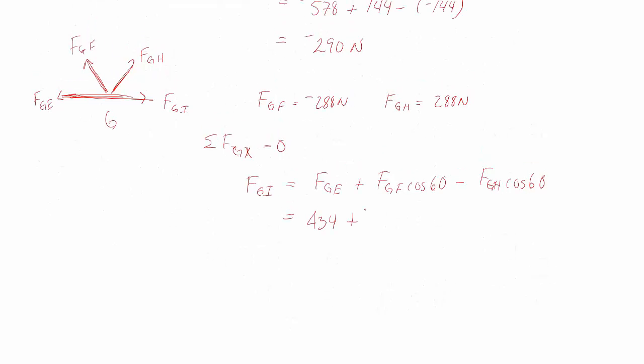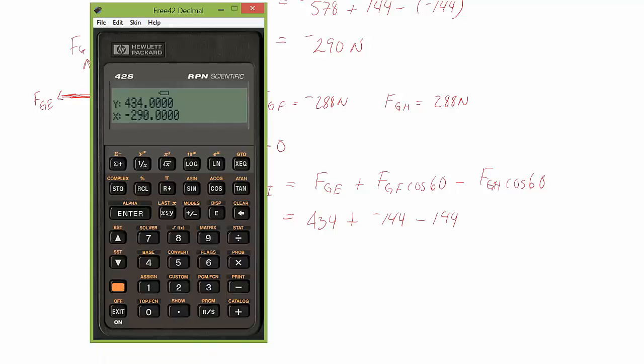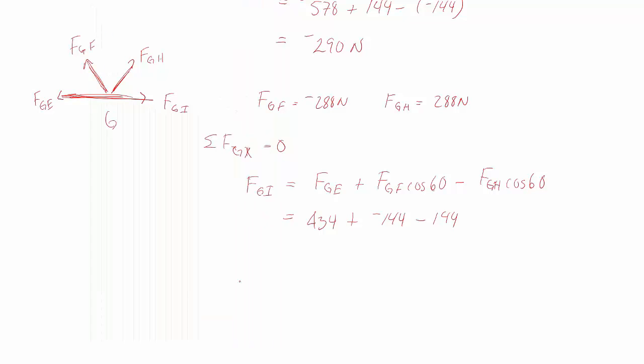Plus, if GH is a negative, it's negative 144 minus 144. All right. So you got 288 minus. So good. So it's 146. That's because I'm rounding numbers off. It's positive, right? Thank you. It's positive because we're expecting it to be in tension. Sweet.